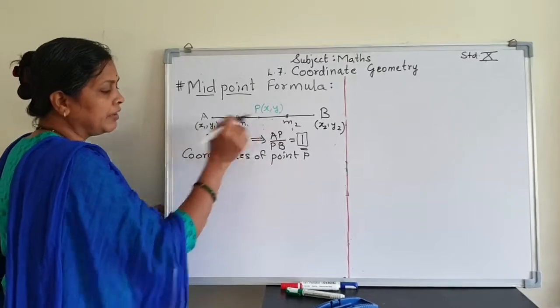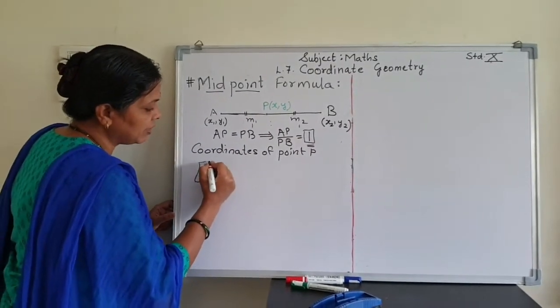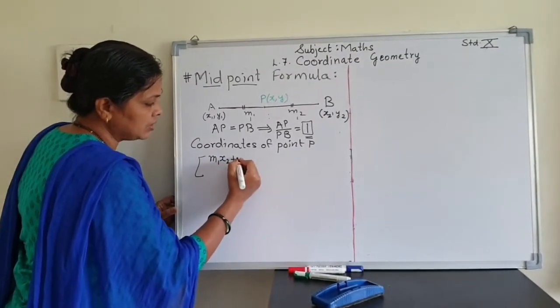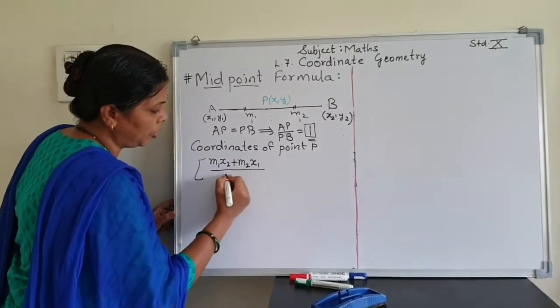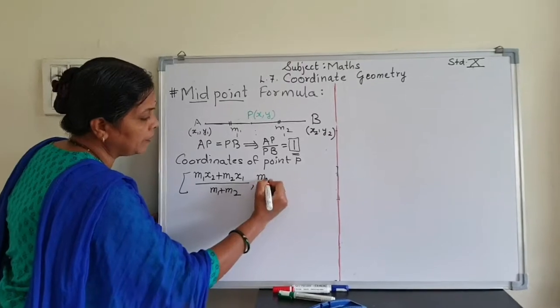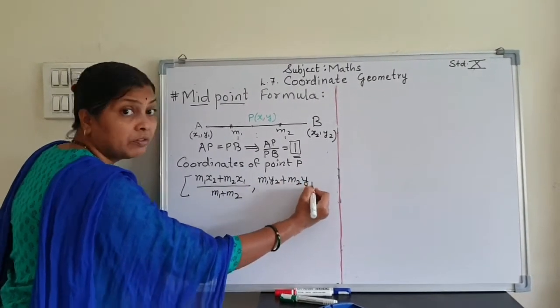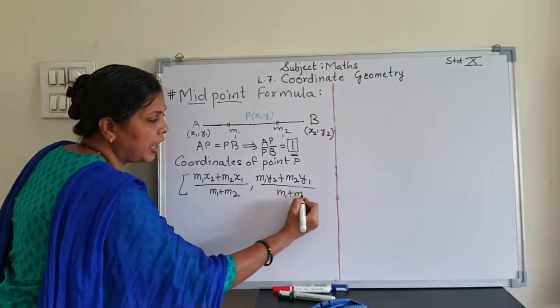Equally, they are divided. So here we have coordinates x equal to (m1 x2 plus m2 x1) upon (m1 plus m2) and (m1 y2 plus m2 y1) upon (m1 plus m2).